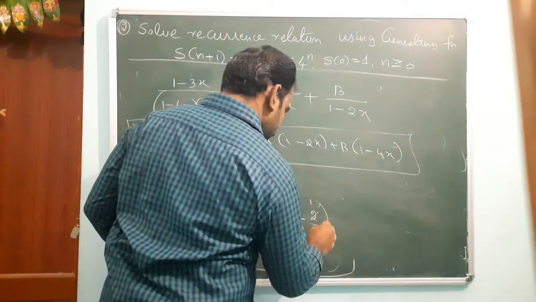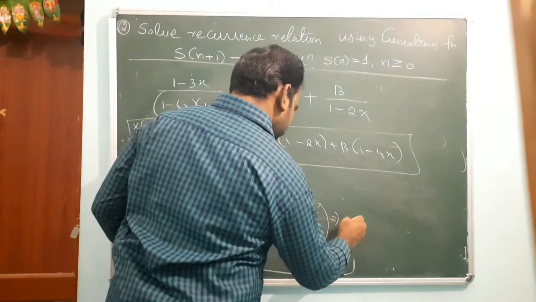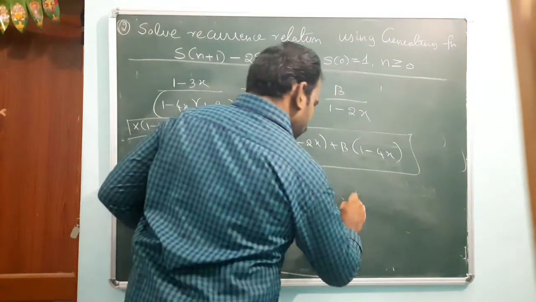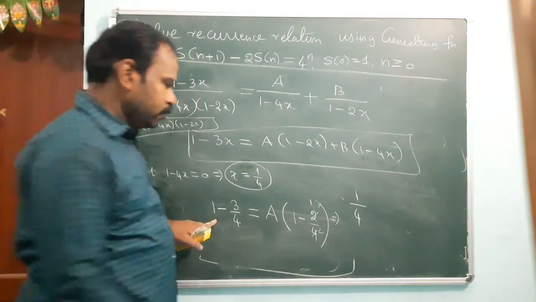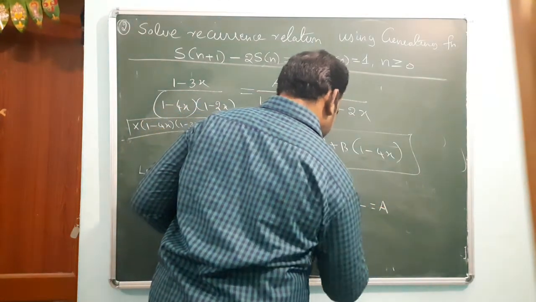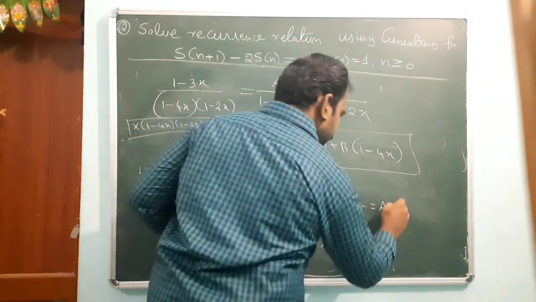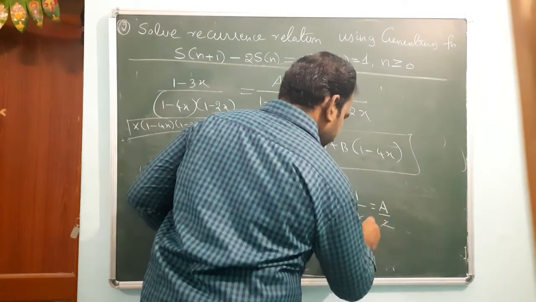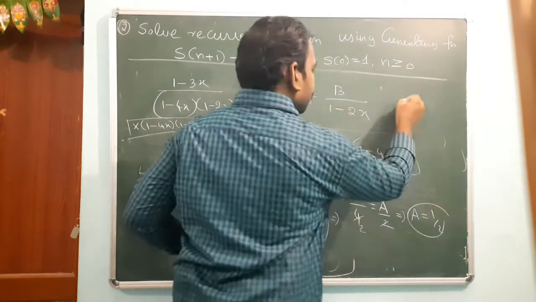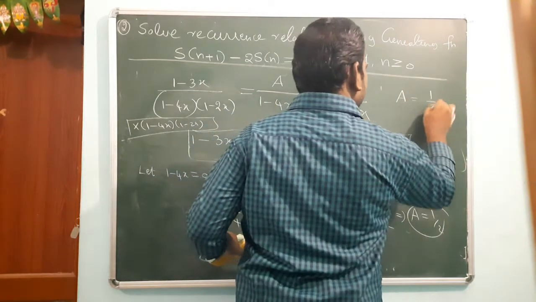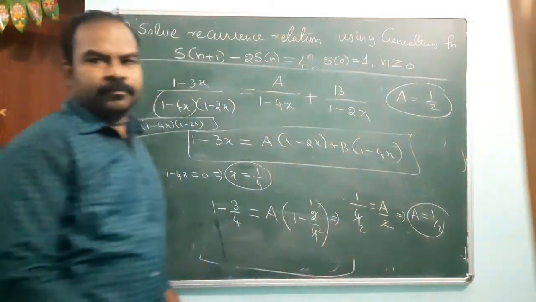So 1 by 4 equals A times 1 by 2, because 1 minus 1 by 2 is 1 by 2. So A is equal to 1 by 2.